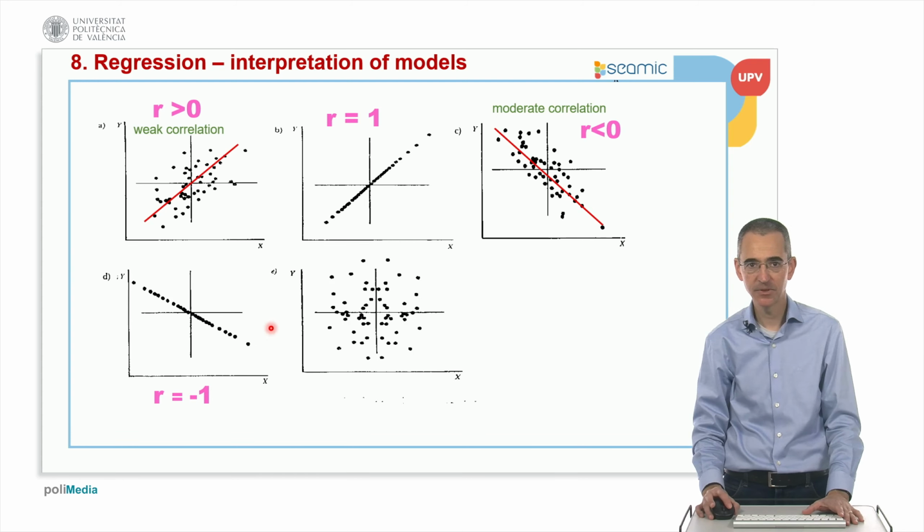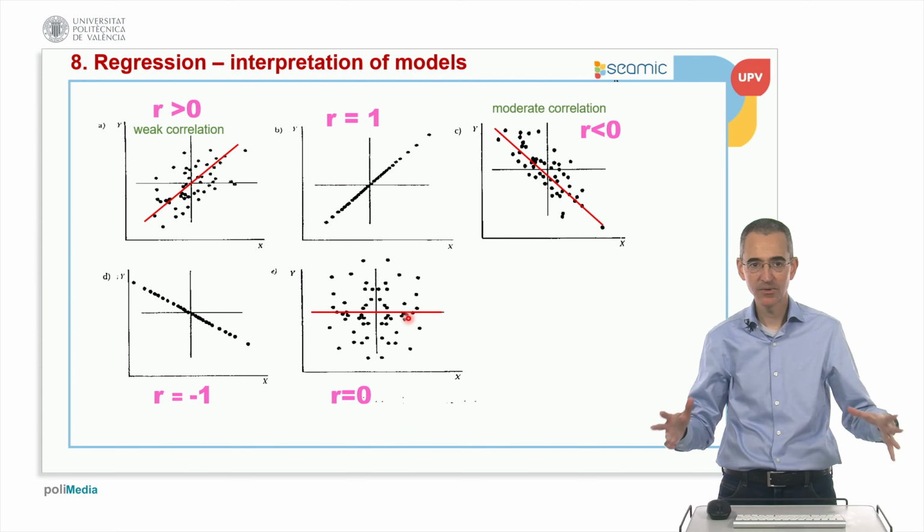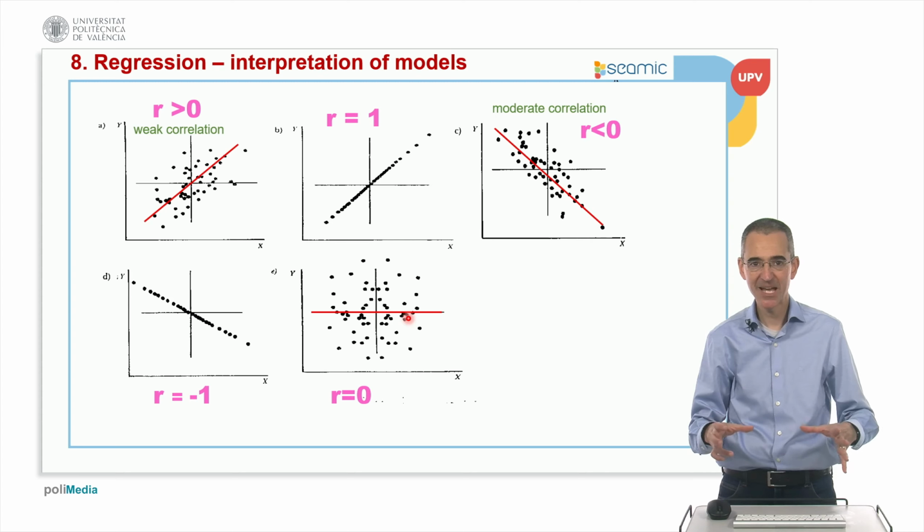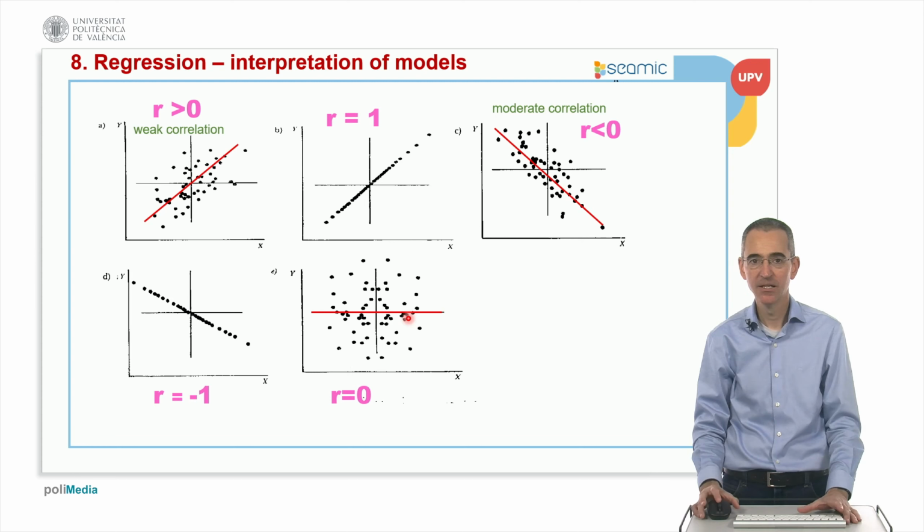And in this example, we cannot see any kind of trend. So we will say that the degree of correlation is 0, so the variables are not correlated, and then the correlation coefficient is 0. This coefficient measures the degree of correlation. If there is no correlation, obviously this coefficient becomes 0. And then if we fit a regression line, the line becomes a horizontal line with a null slope.